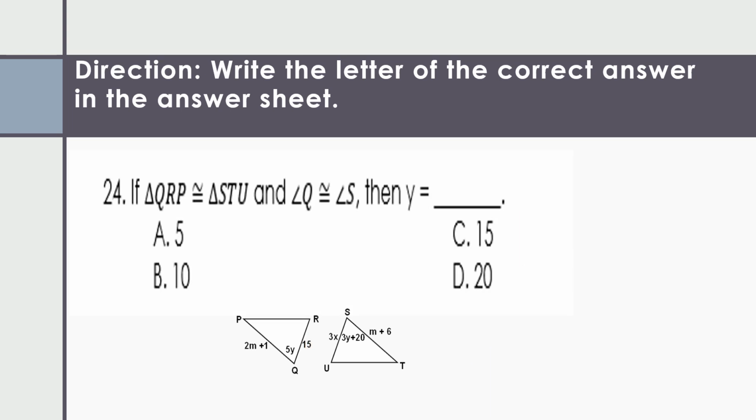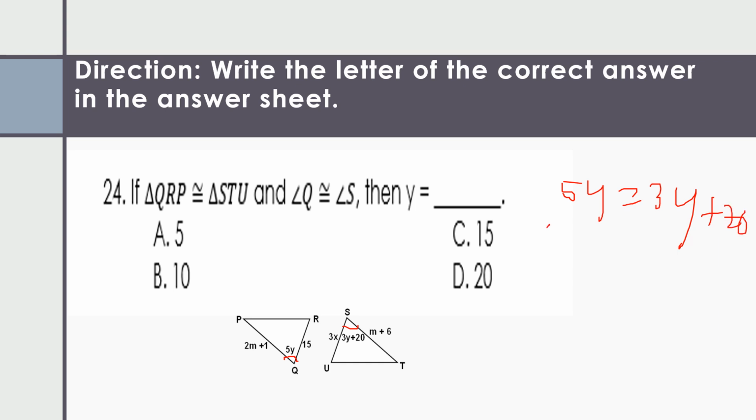Now, if triangle QRP is congruent to triangle STU, and angle Q is congruent to angle S, then y equals what? So we have 5y equals 3y plus 20.